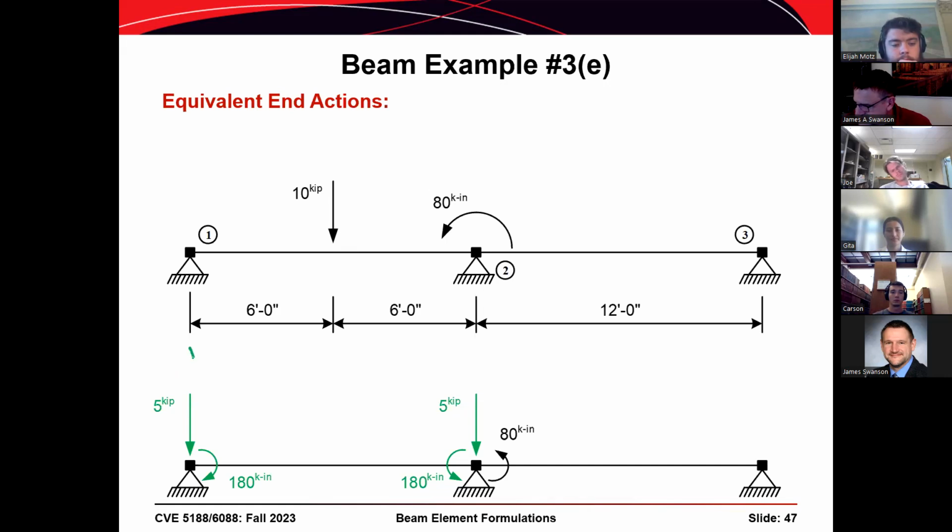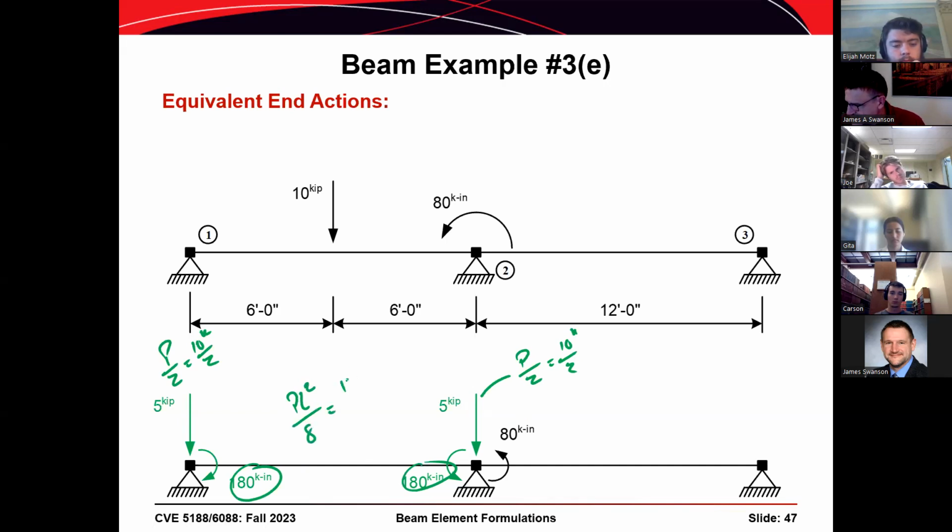So this is basically PL over 2. So 10, no, it's not. It's P over 2. So that's P over 2, which is equal to 10 kips over 2. This guy is also equal to P over 2, so 10 kips over 2. This guy here and this guy here each have the magnitude of PL squared over 8.